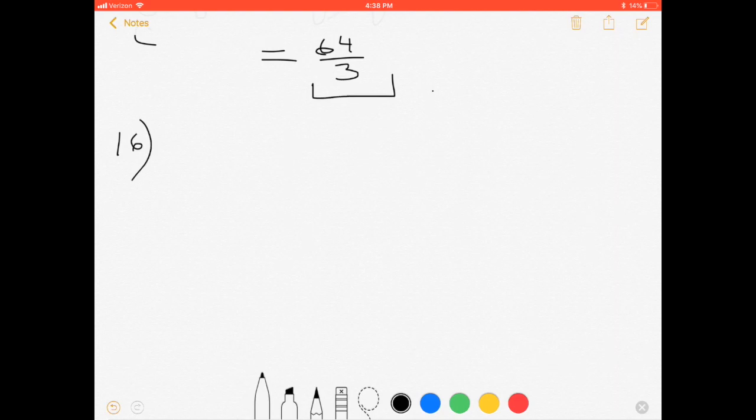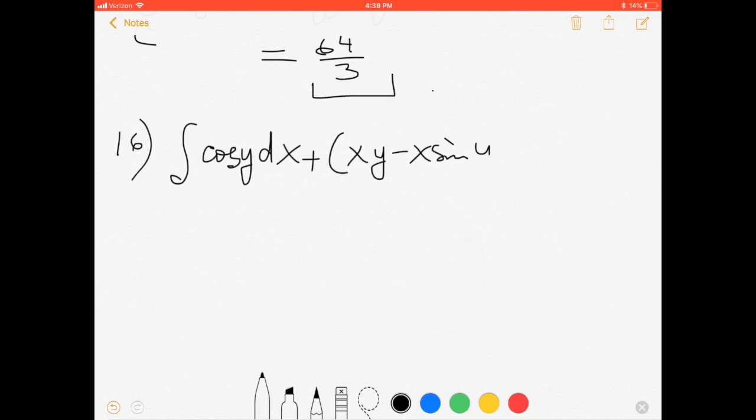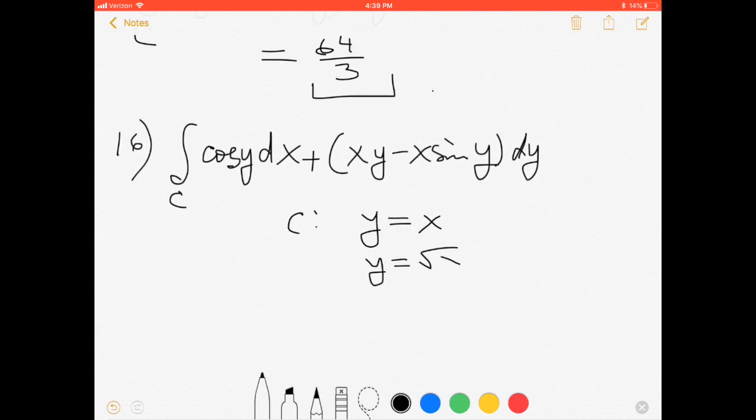We need to evaluate the integral using Green's theorem, where you have cosine y dx plus xy minus x sine y dy for curve C, where C is the boundary of the region between the line y equals x and y equals square root of x.